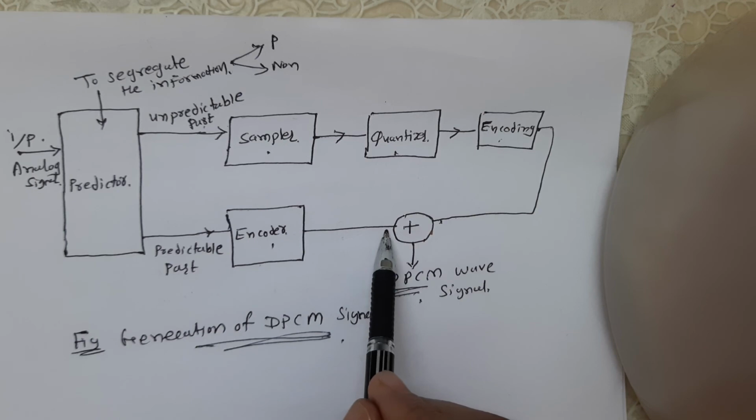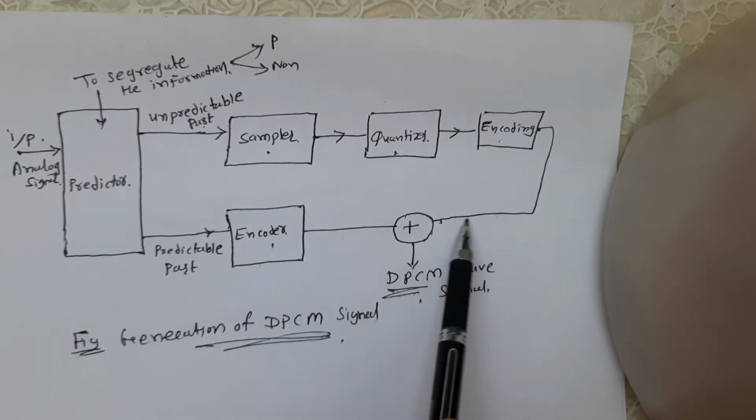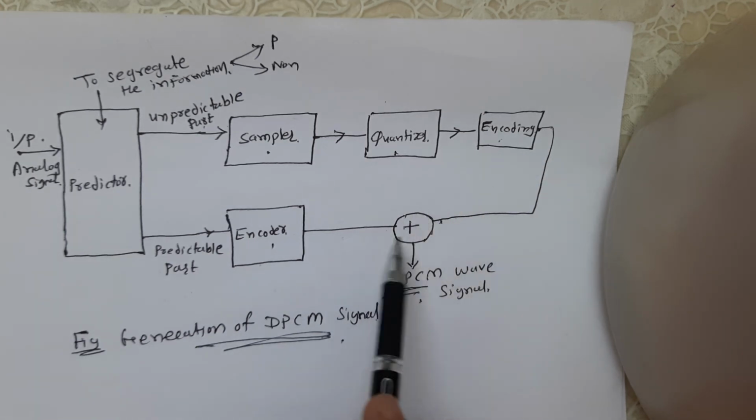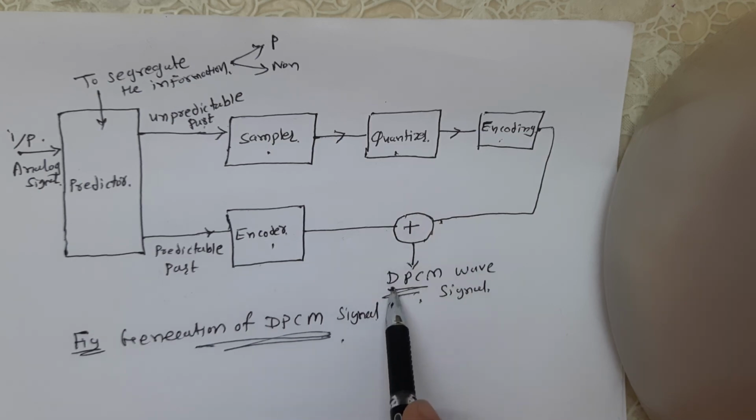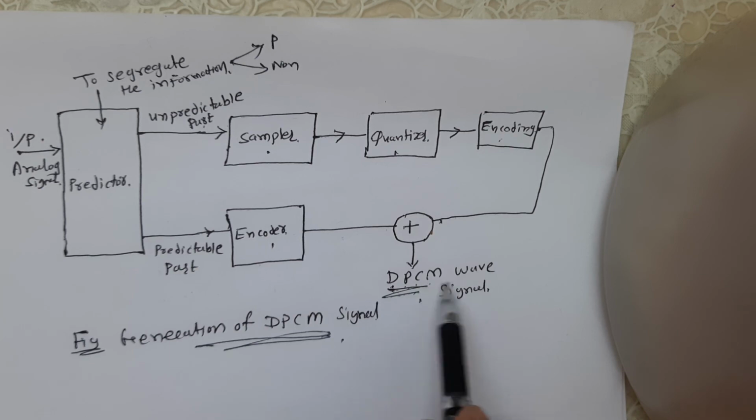Here the outputs of both encoders are combined, and we are getting the DPCM wave, that means differential pulse code modulation wave or differential pulse code modulated signal.